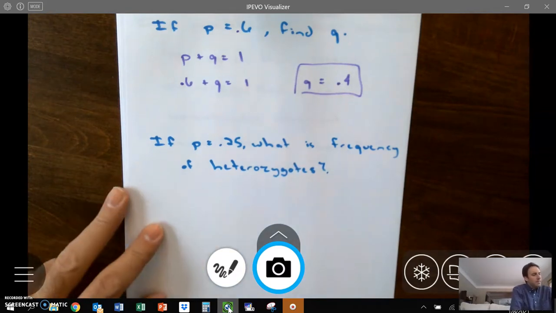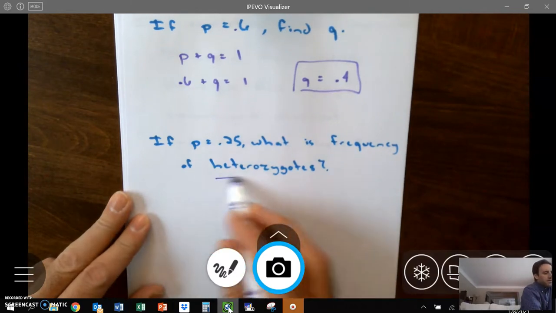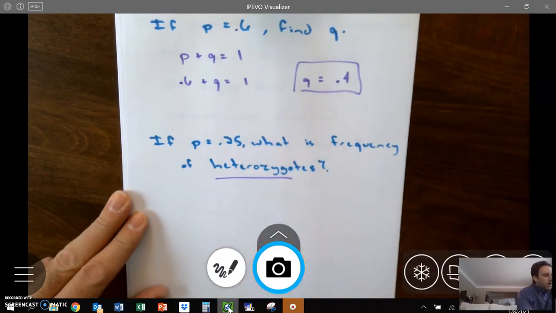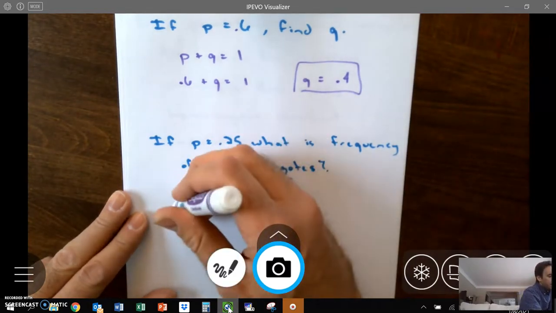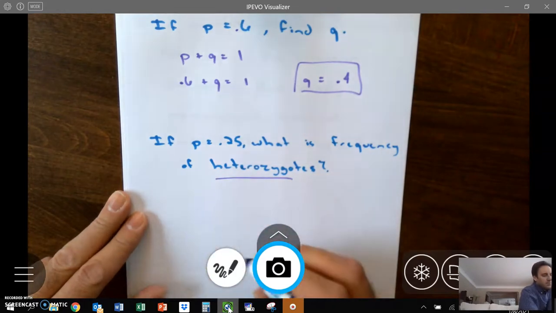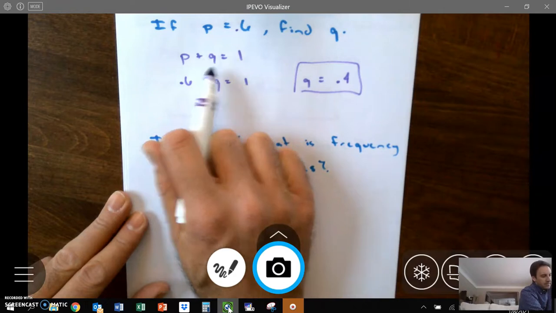How about this one? If P is equal to 0.25, what is the frequency of the heterozygotes? Well, rule of thumb is you always want to solve for P and Q. So if P is equal to 0.25, Q is going to be equal to 0.75, and based on that equation, 0.25 plus 0.75 equals 1.